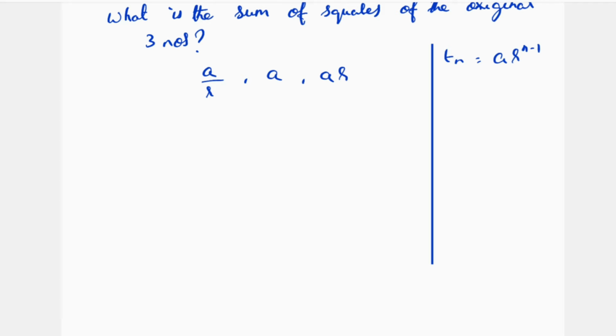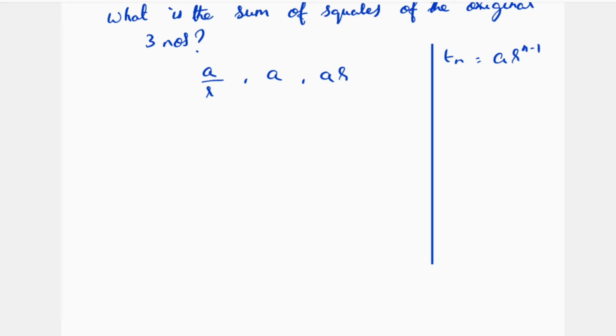So instead of starting the first term with a, I am just going one step before by taking the first number as a divided by r. That is a into r power minus 1. Then I am coming to a and then to ar. This is the geometric progression that is there.